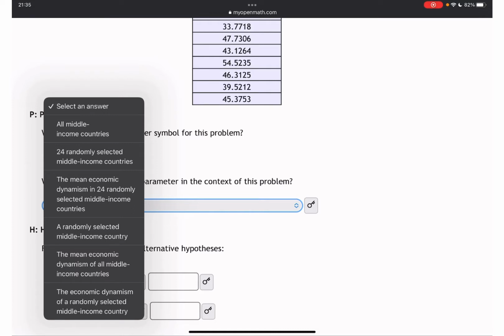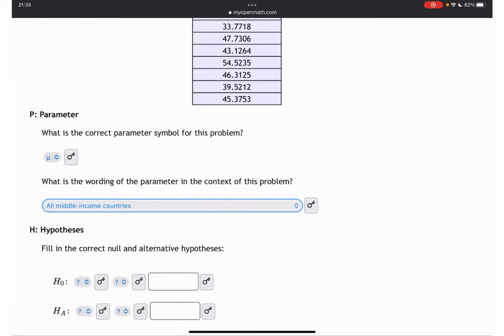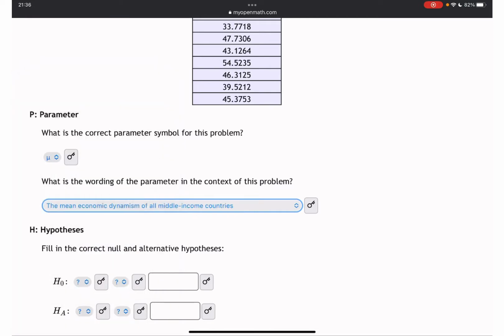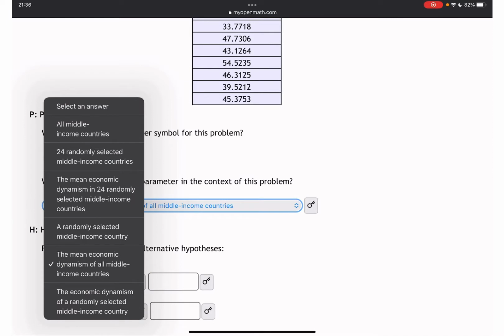But if you pick 24 randomly selected middle income countries, then it becomes a sample. So everywhere we see 24, we skip it, because the average of the population is for all middle income countries. So the mean economic dynamism of all middle income countries, that's correct.